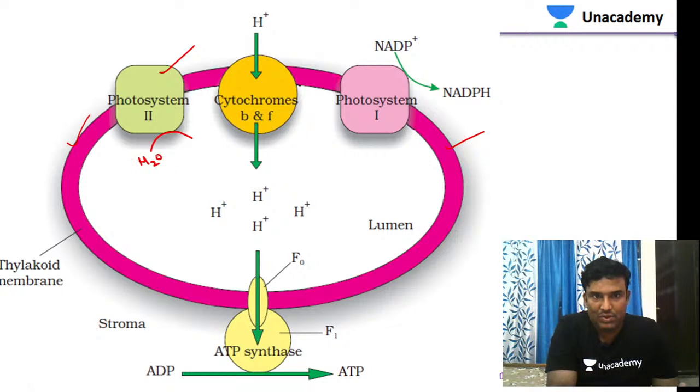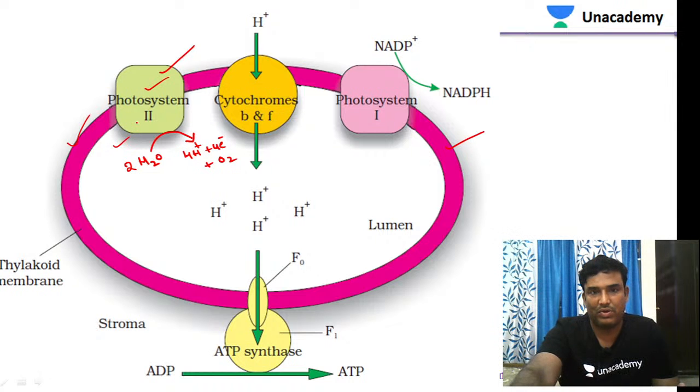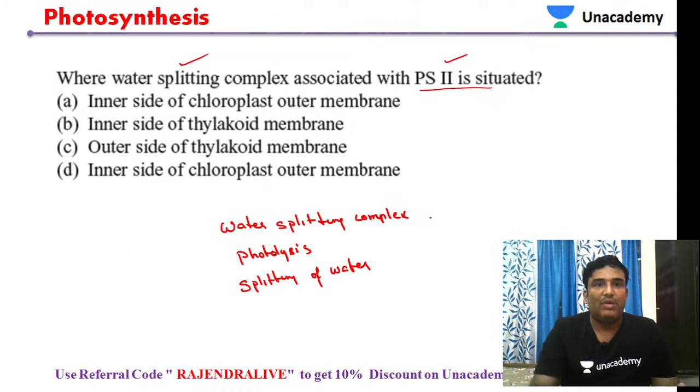Two molecules of H2O will be broken down to produce 4 protons plus 4 electrons plus 1 oxygen. The water splitting complex is present in photosystem 2 and is located towards the lumen of the thylakoid.